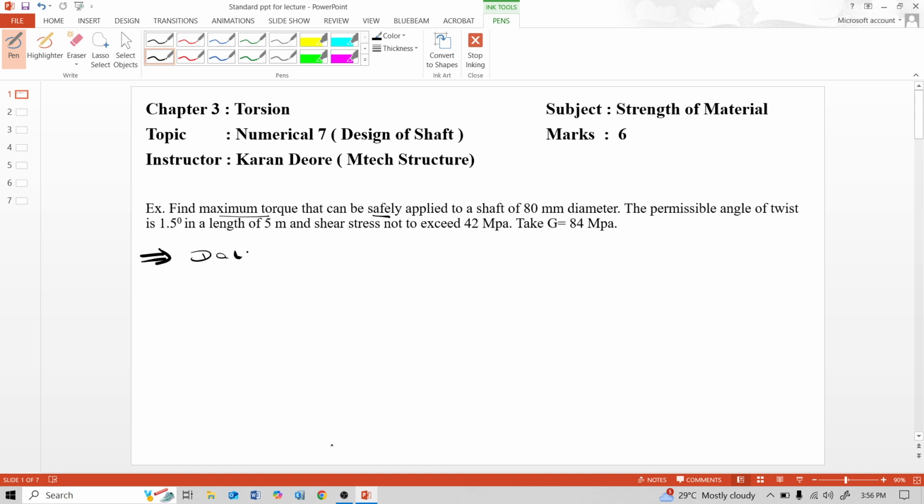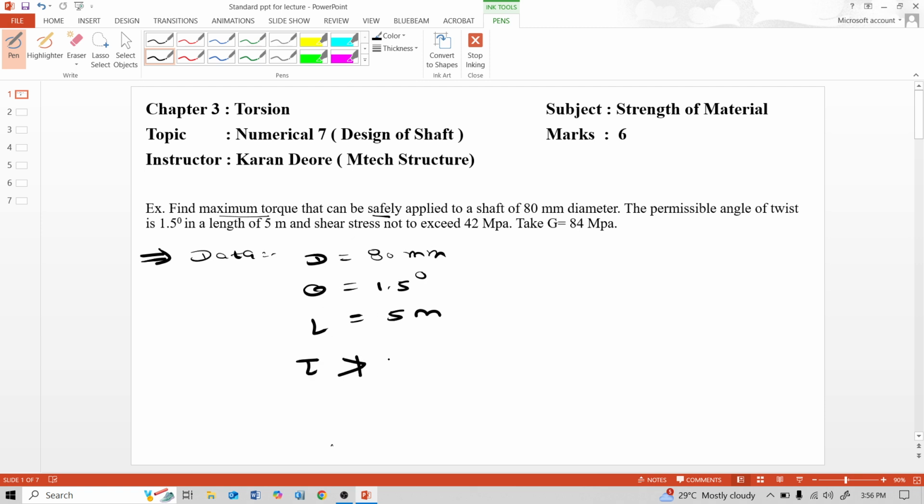So write first the given data of this numerical. Diameter, denoted as capital D, is equal to 80 mm. The permissible angle of twist is 1.5 degrees. Length of that shaft is 5 meters, and shear stress, denoted as tau, not exceed 42 MPa.